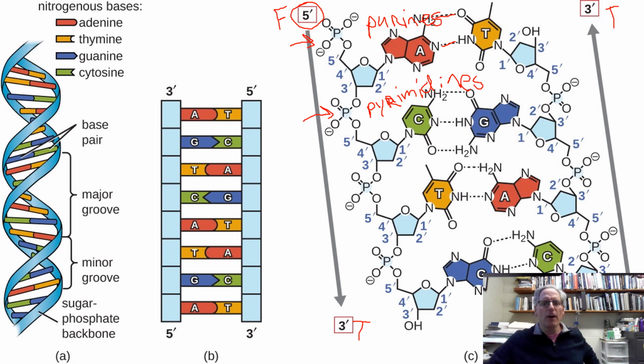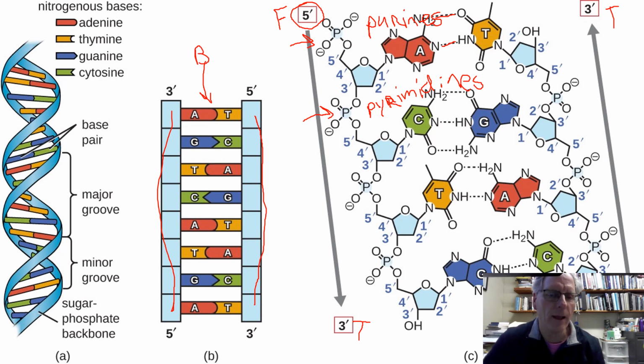And if you want to simplify the structure of DNA, here's your backbone. Sugar phosphate, sugar phosphate, sugar phosphate in an anti-parallel arrangement. And here are your nitrogenous bases. We'll just say B for bases. And this will twist about itself. Now this molecule is very regular.